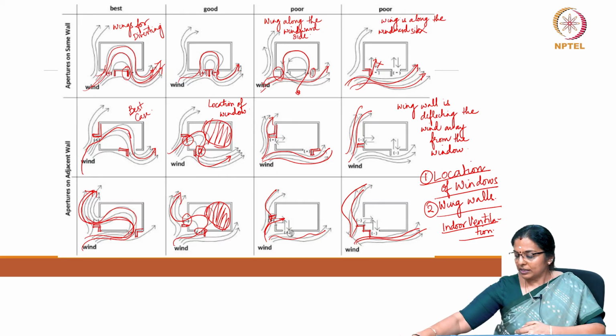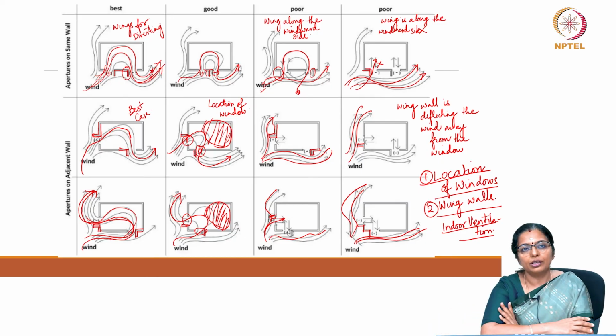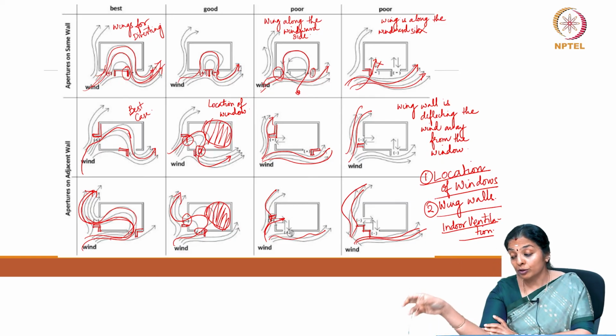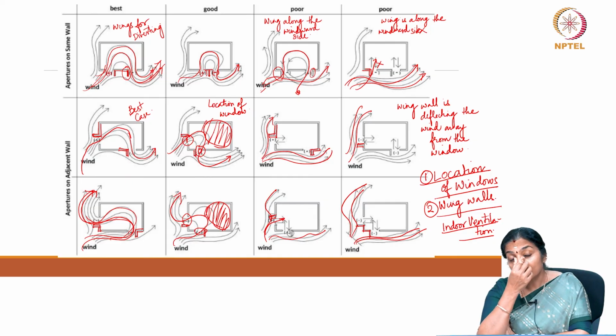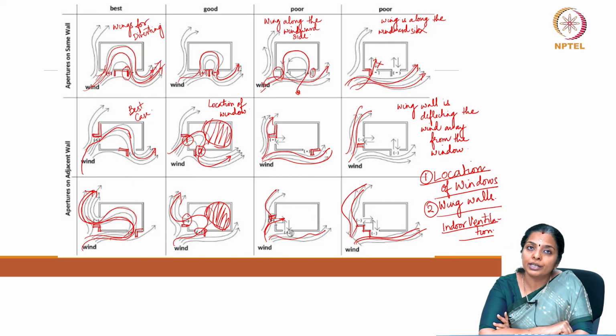So, in this class, we saw what ventilation is, and we saw the significance of ventilation. We also saw how ventilation is important and crucial in reducing operational energy, because having openings enhances ventilation, and our reliance on active means of ventilation such as fans and air conditioners gets reduced, and this encourages us to have lower operational energy.